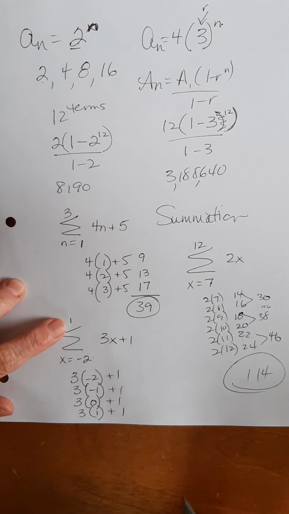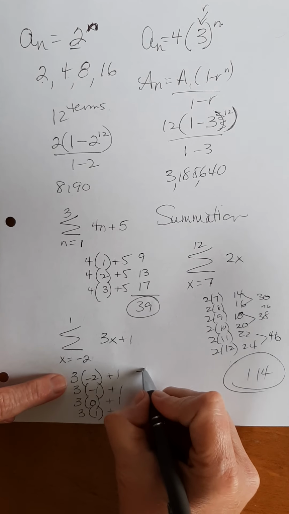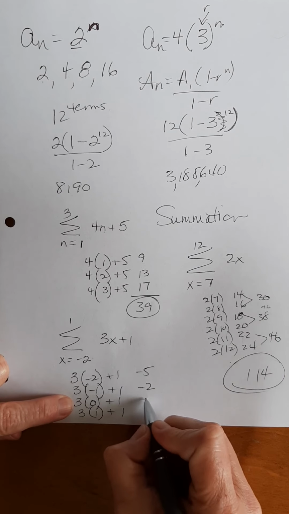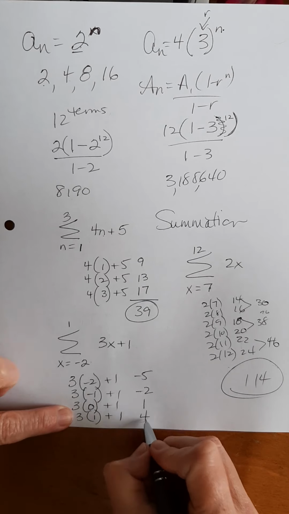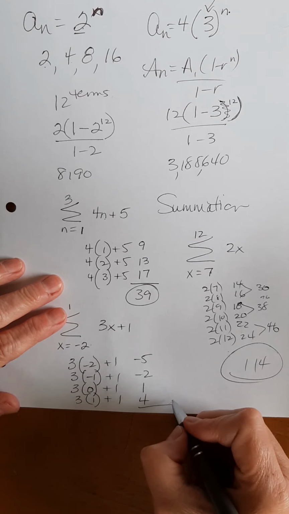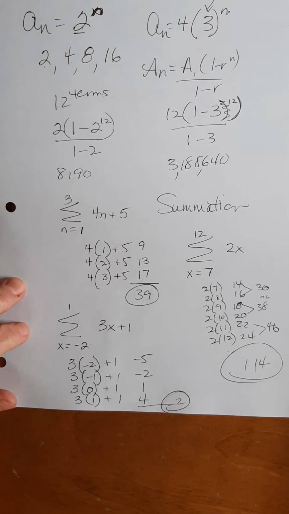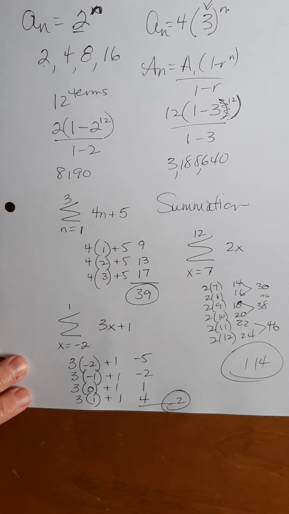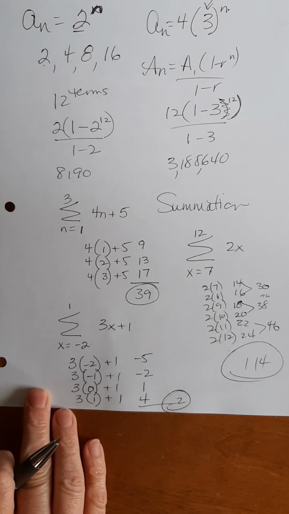You've got to stop at 1. So negative 6 and 1. Negative 3 and 1. 0 and 1. Add them all up. Negative 2.